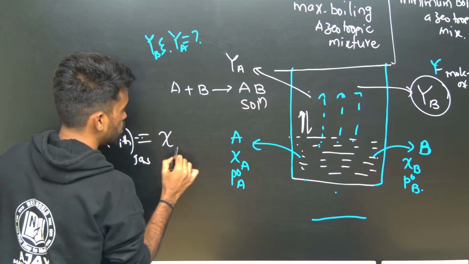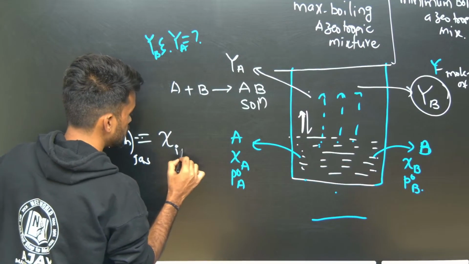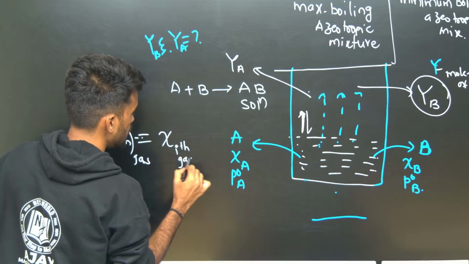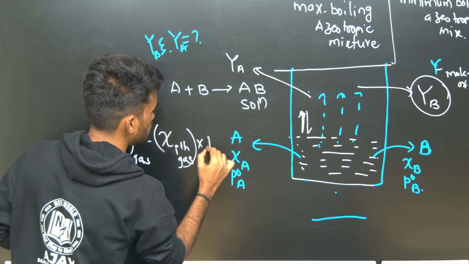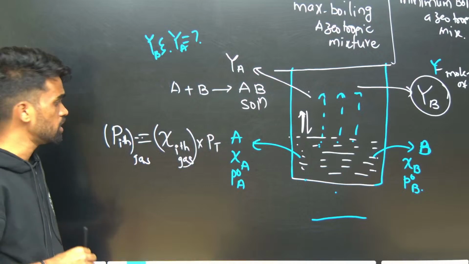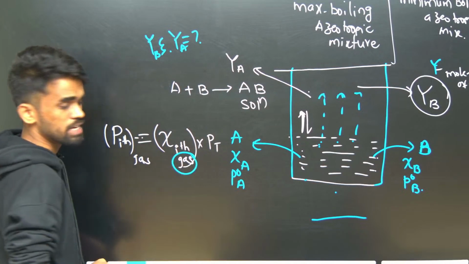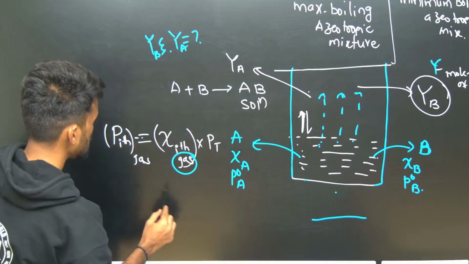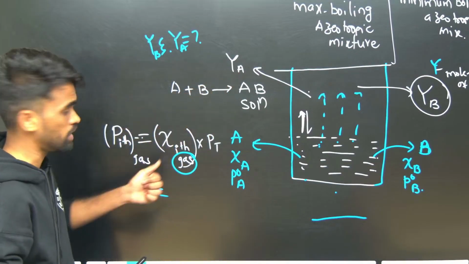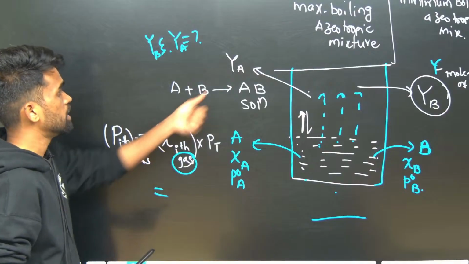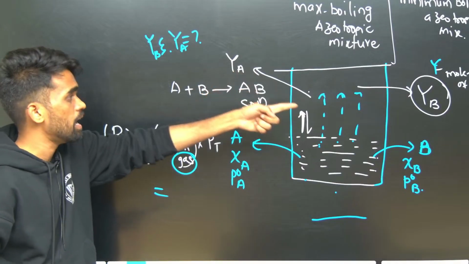The mole fraction of that ith gas multiplied with the total pressure, P total. That's it now. So here this is a mole fraction in what phase? Gaseous phase. So what I can make for this particular, here I told you ith gas, that i is nothing but A and there it is B.